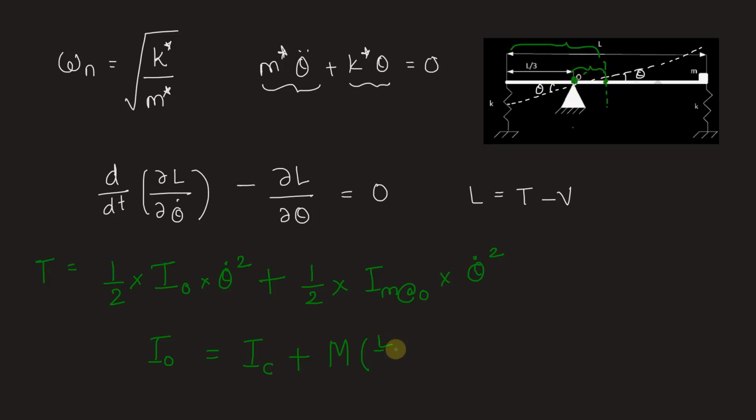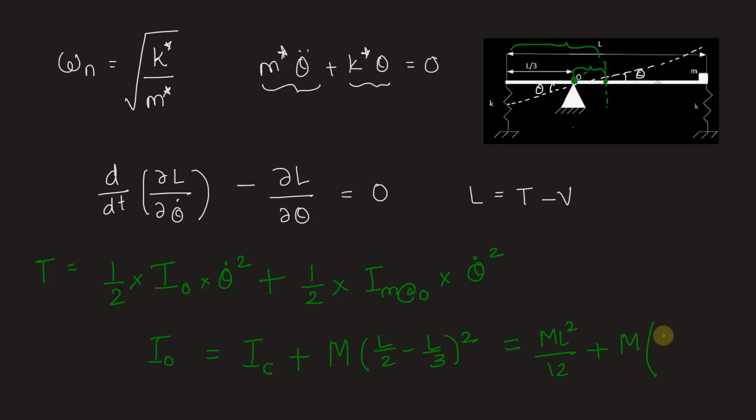So we have I C plus M into L by 2 minus L by 3 squared, where I C is ML square by 12. This is a standard result which you need to remember for the exam. Plus capital M into L by 2 minus L by 3, which is 3L minus 2L by 6, that is L by 6, whole square.